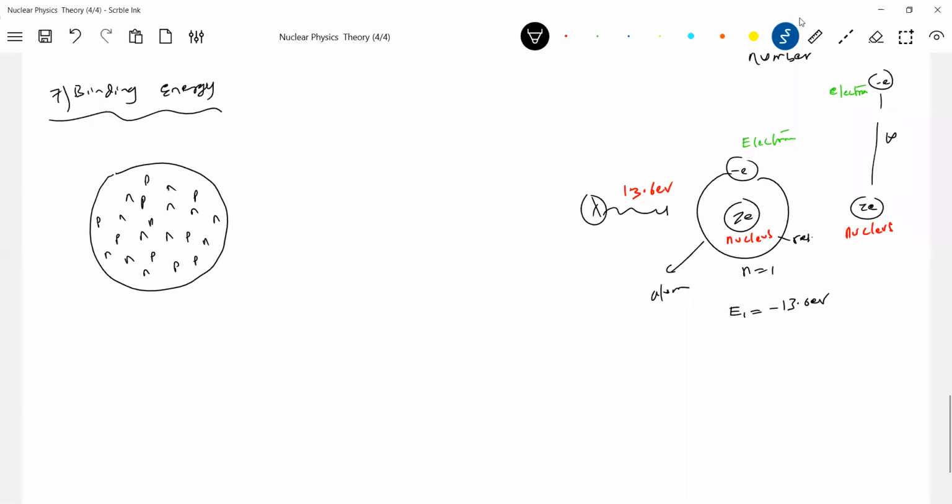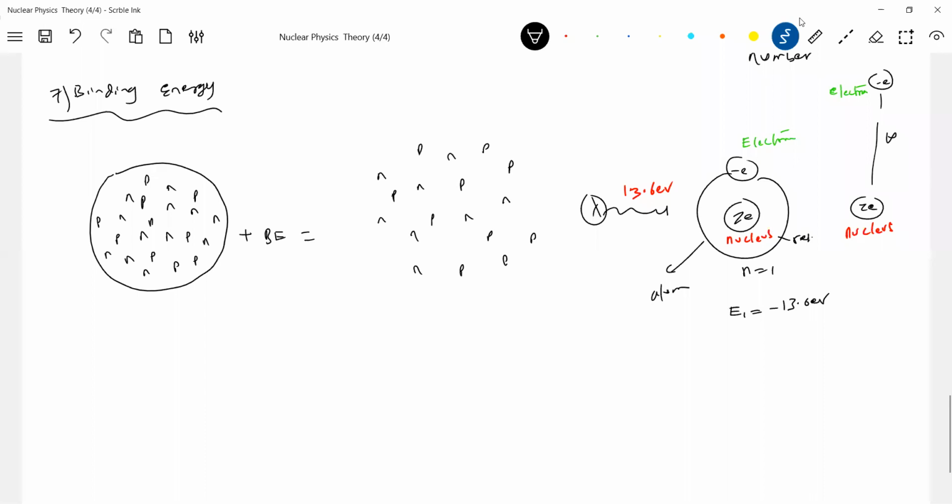If you supply energy equal to binding energy, it will break up into its constituents, and they will get separated a little far away.